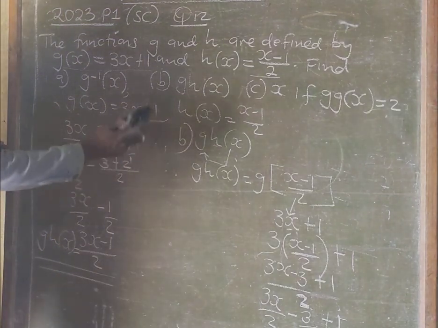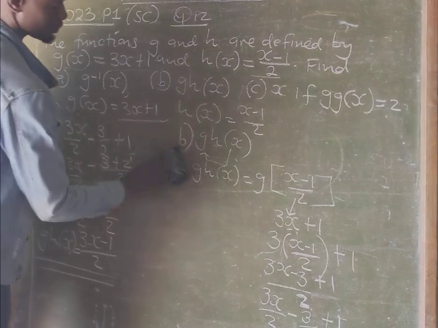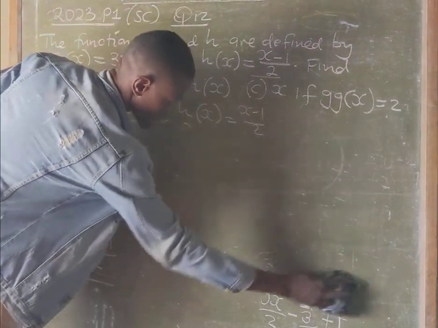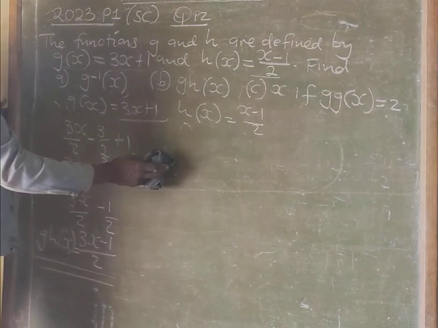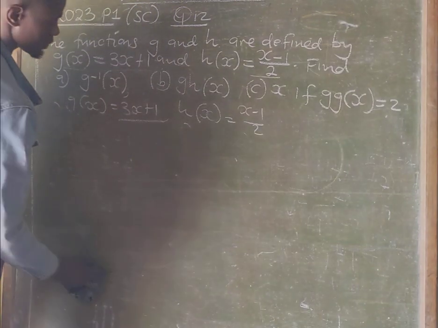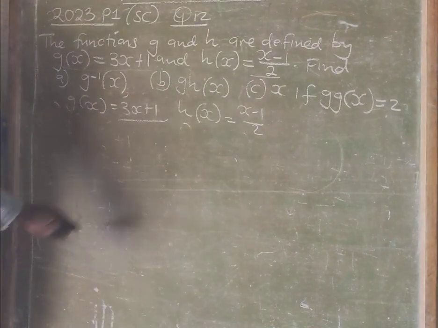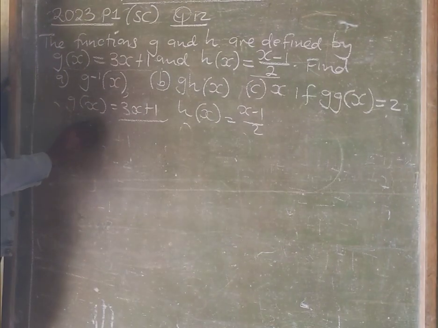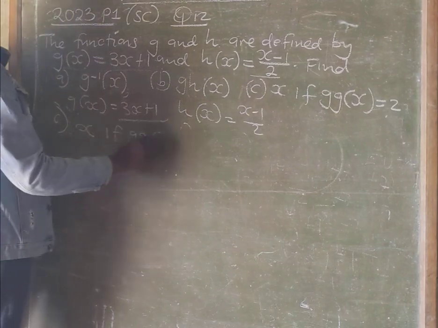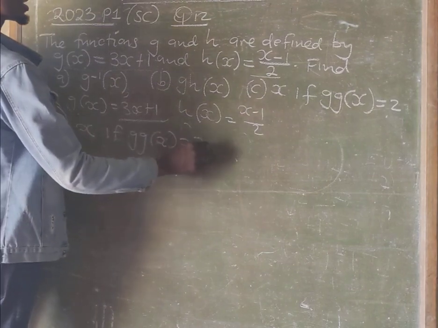so we now come to the last question. So the last question is saying find the value of x if g of g of x equal to 22.